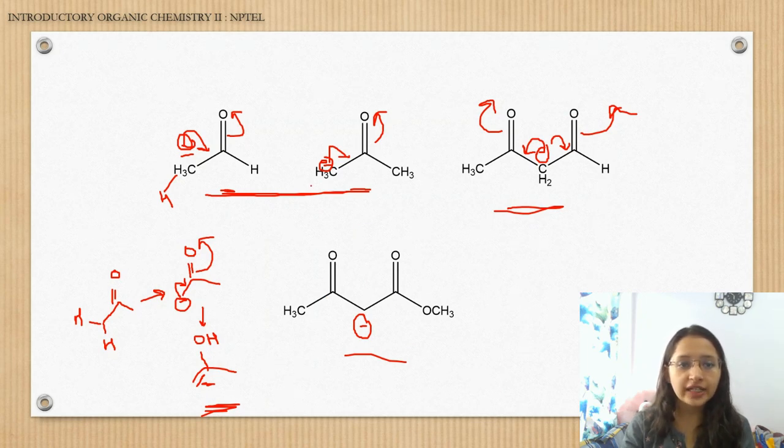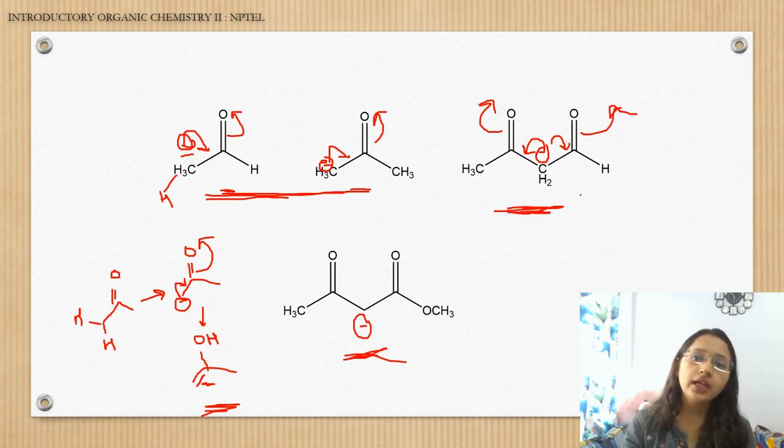Why? Because in the ketone and the aldehyde there is only one carbonyl to stabilize this carbanion, and that is why the enol character is not so high compared to these two dicarbonyl species. So these 1,3-dicarbonyl species have more enol character.